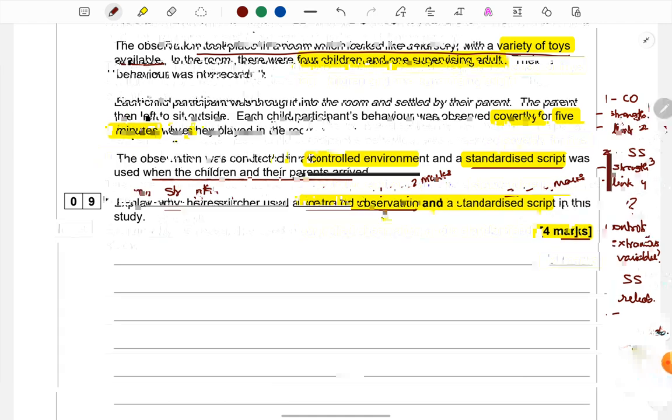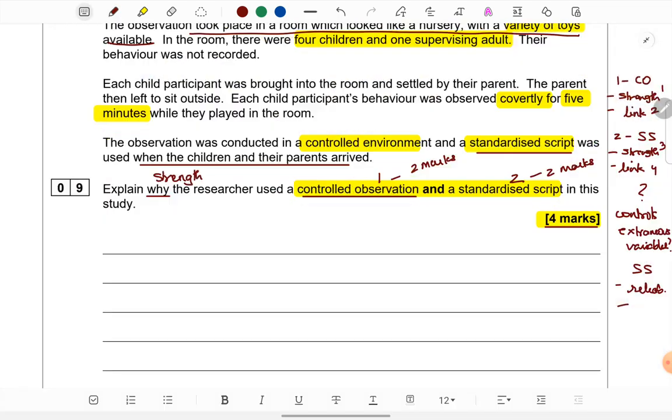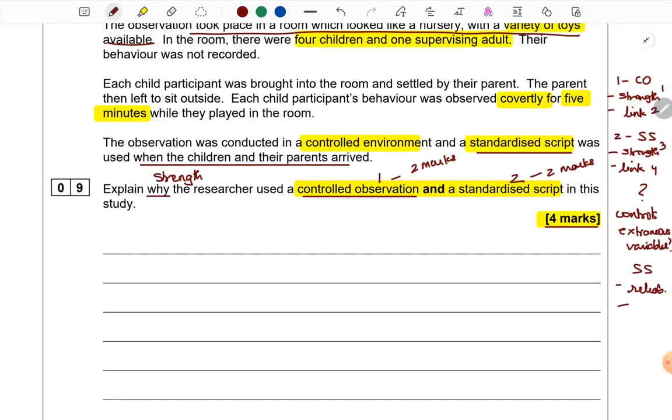So, we want to maintain consistency in what we are instructing the parents and the children and what we are asking them to do basically in the observation, or whatever we are telling them that the observation is about, so that different participants can get the same idea of what is going to happen in the observation and get the same format of behaving in the environment.